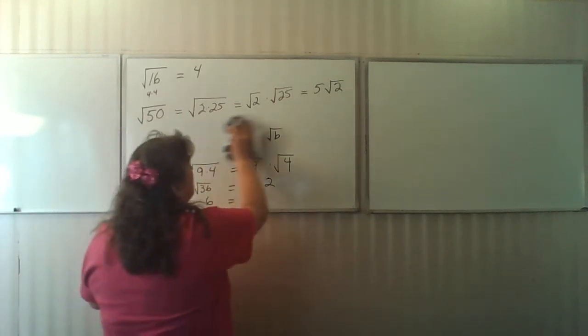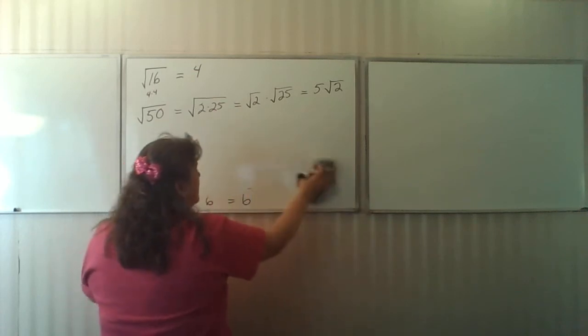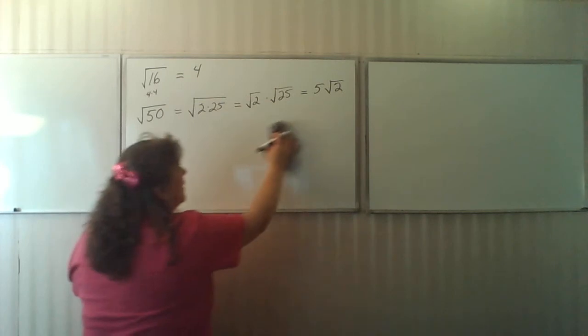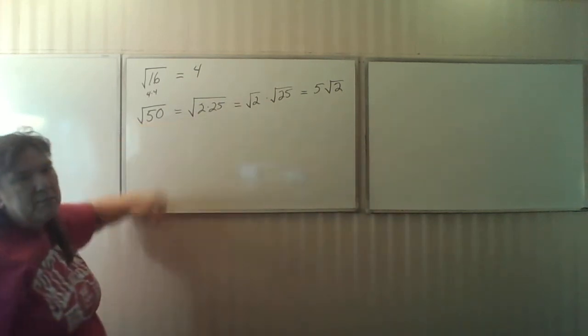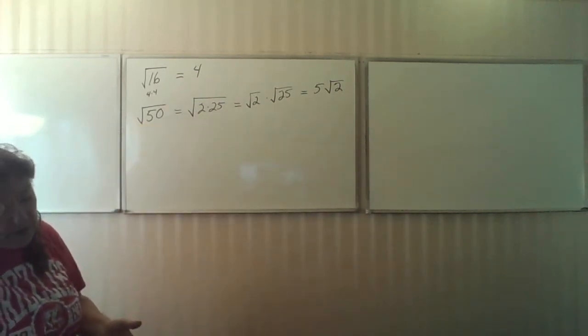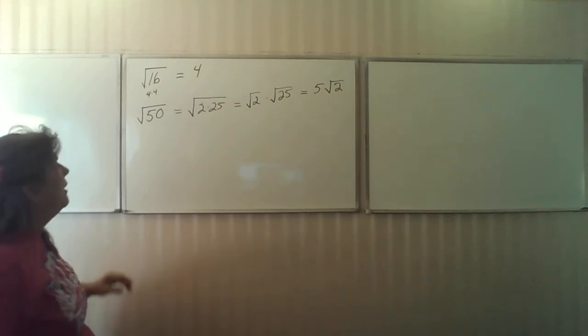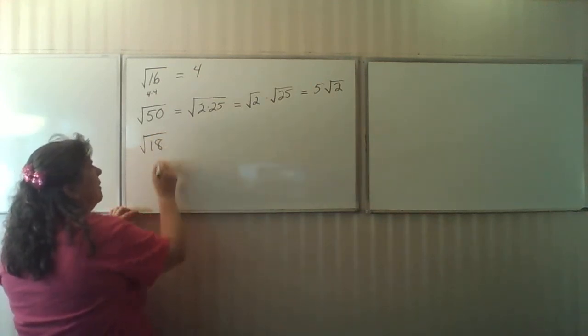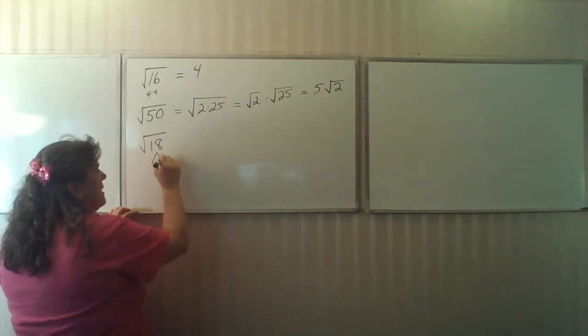So now let's look at some other examples. This one was nice because most of you know that 2 times 25 is 50. So that one's not a hard one to do. How about the square root of 18? Well, again, 18 is 2 times 9.